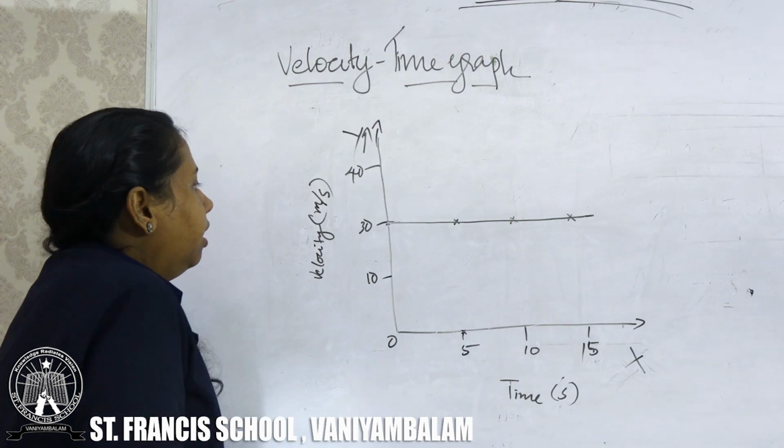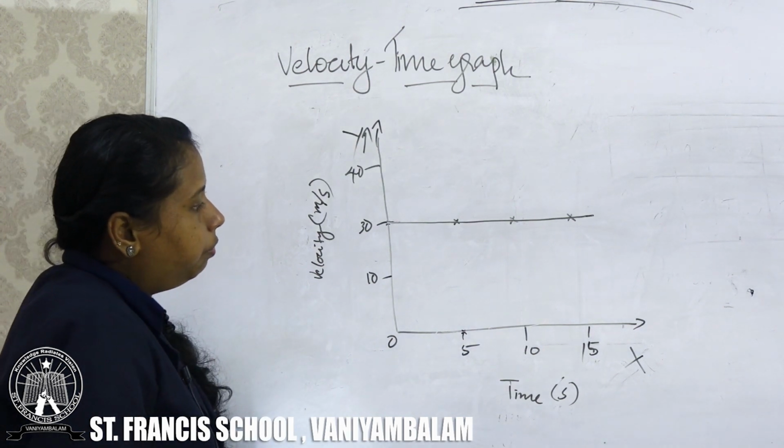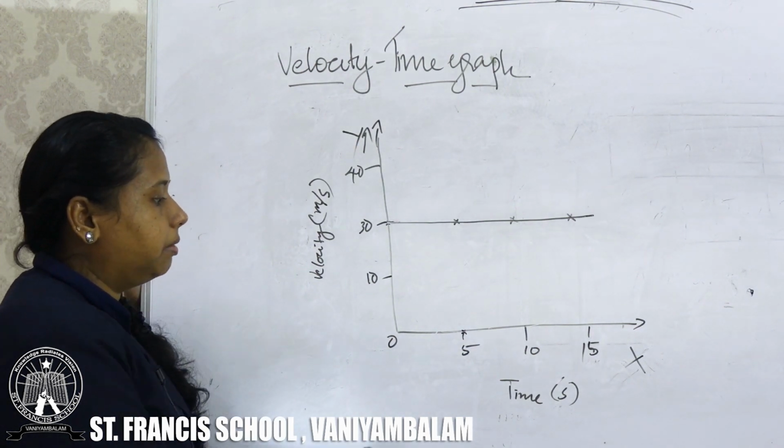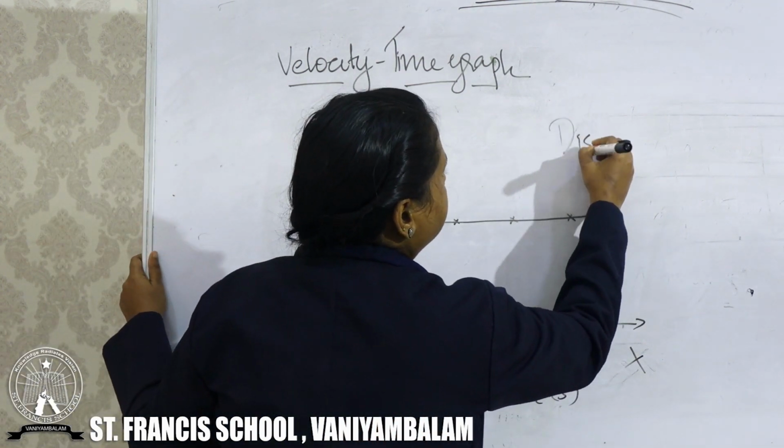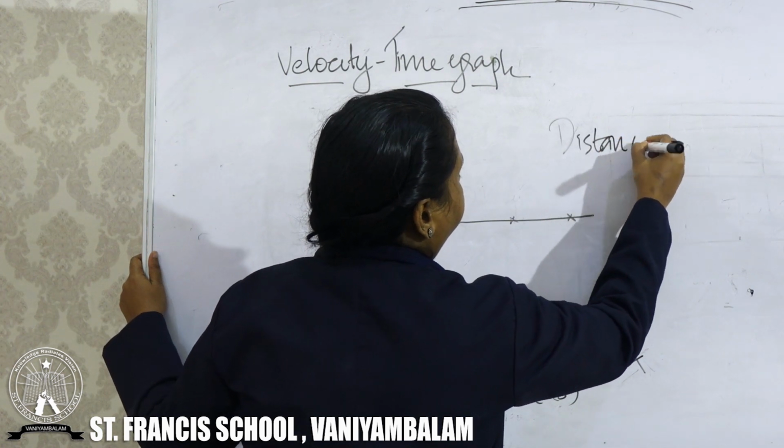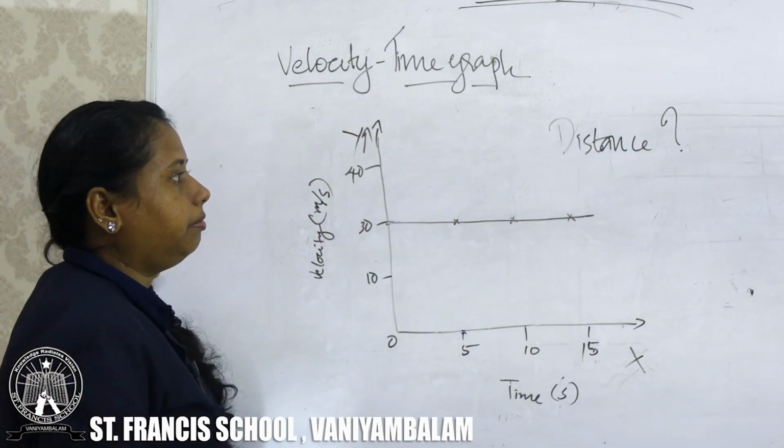Okay. Now, how will we get the distance from this velocity time graph? What will be the distance?